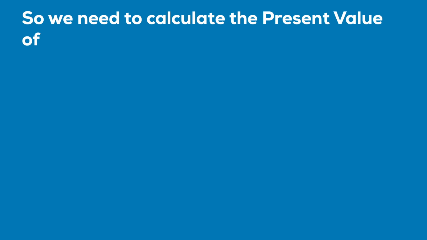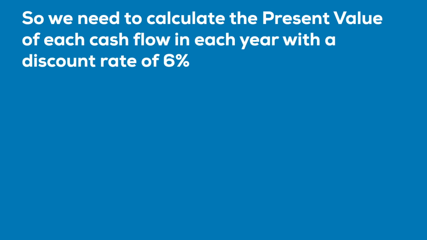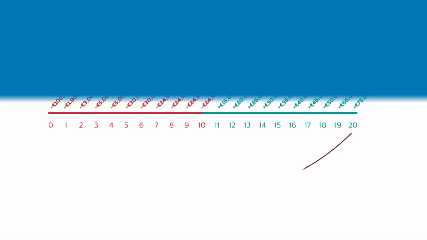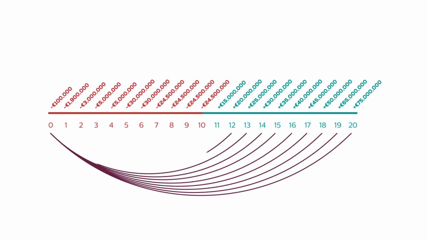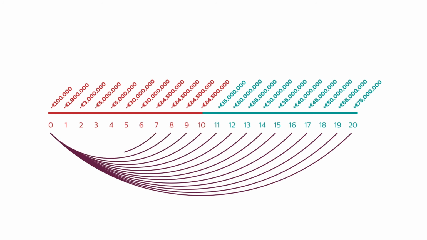So we need to calculate the present value of each cash flow in each year. Again, let's use a discount rate of 6%. For each cash flow, we will discount it back to period 0. As we have seen in the first example, we don't have to discount today's upfront investment of €100,000 because we know that is the value of today.